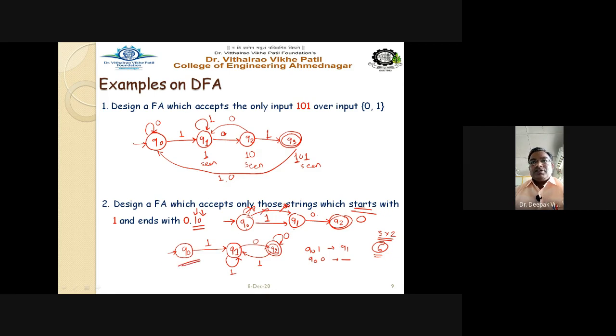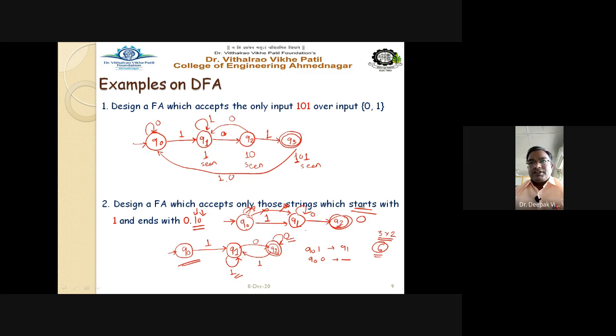Now Q1. Suppose at Q1 0 is encountered, definitely you have to go to the next step, that is Q2. But if at Q1 a 1 is encountered, 1 is marked as a self loop here, right? Now at Q2, if 0 is input, 0 is marked as a self loop, because no doubt the string must end with 0.